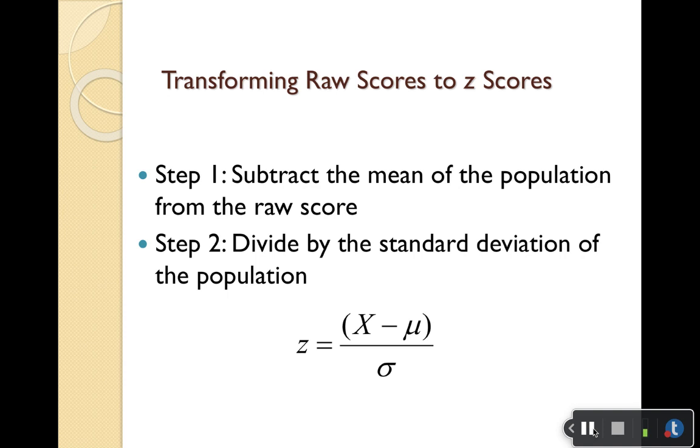Let's say I'm giving an exam and the class average is 70%, and I calculate the class standard deviation to be 10 points. If I score an 80%, I could plug in that 80 for my x value, subtract the class mean of 70, and divide by the class standard deviation of 10. That would give me a z-score of positive 1.